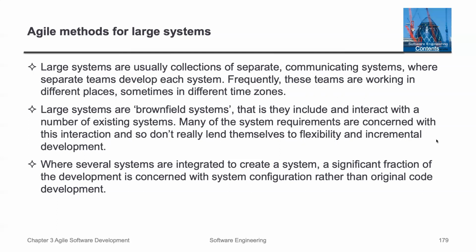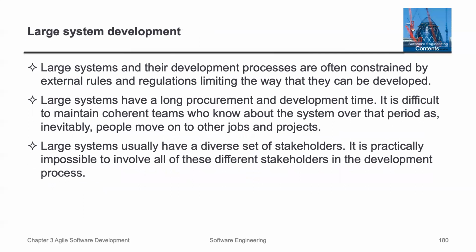Many of the system requirements are concerned with the interaction, and so it doesn't really lend itself to flexibility and incremental development. Where several systems are integrated to create a system, a significant fraction of the development is concerned with system configuration rather than the original code development.